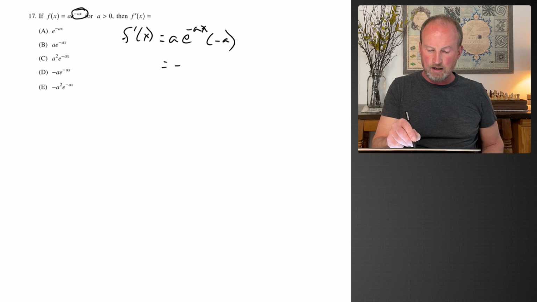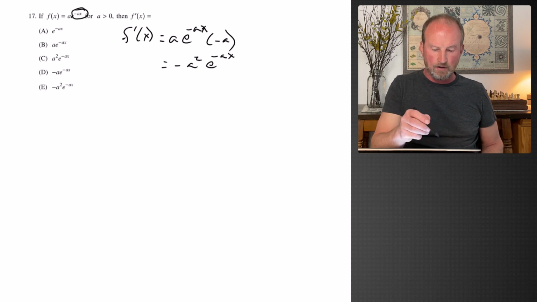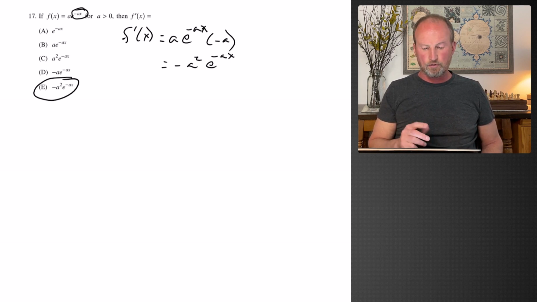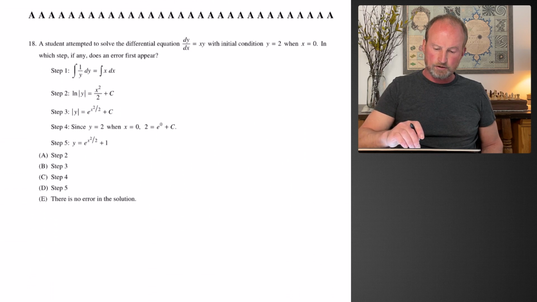Continuing on, I get negative a squared e to the negative ax. 17 looks like e. So far we have seen e and exponentials a lot on this test.